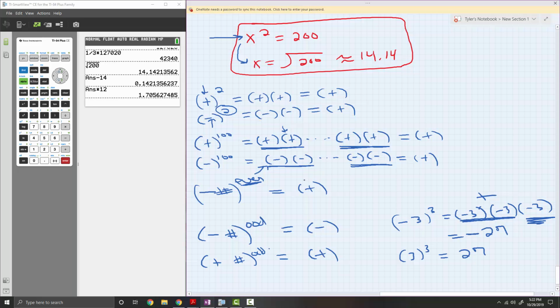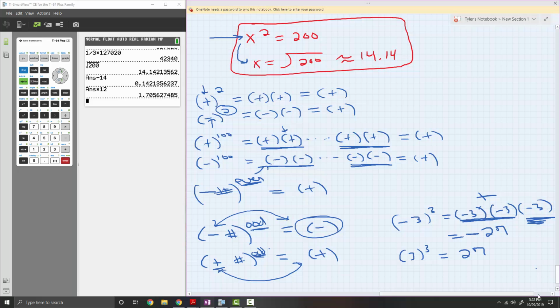It's lost. Whereas if it's an odd power, you do know because the signs will always match. If I take a negative number to an odd power, I always get a negative answer. If I take a positive number to an odd power, I always get a positive answer. So those signs always match.